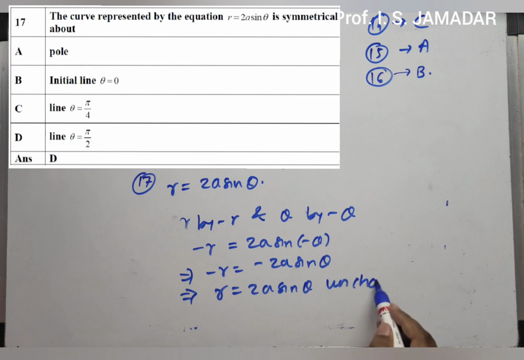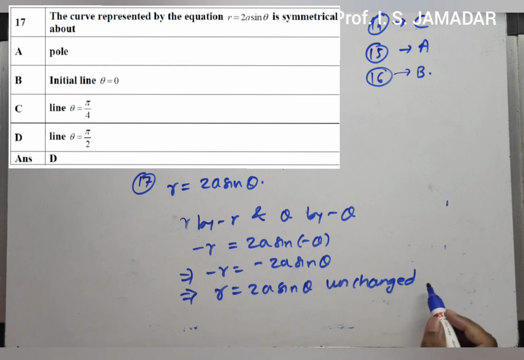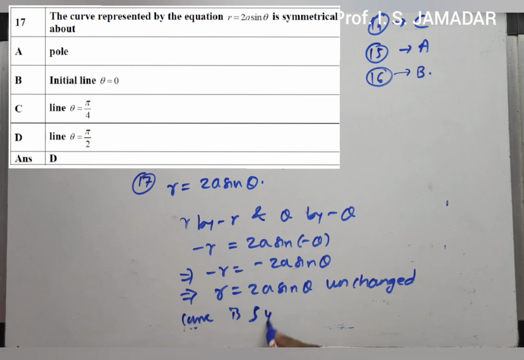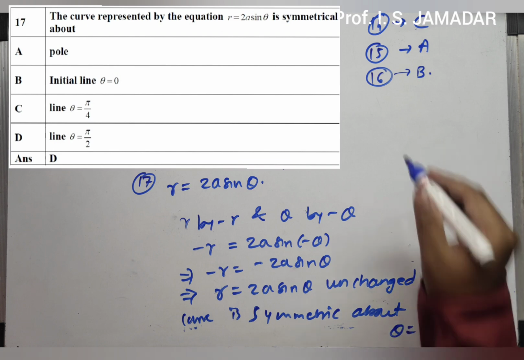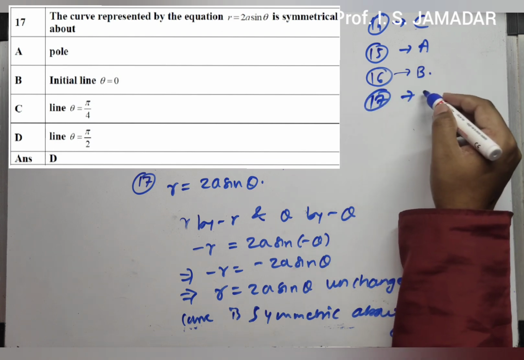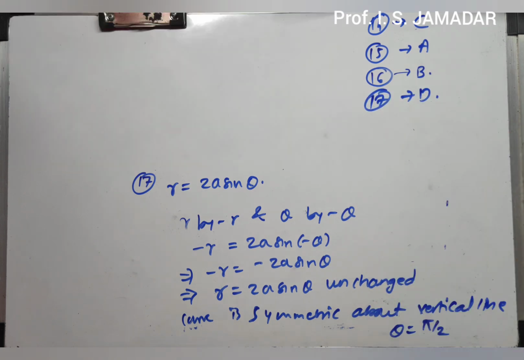The equation remains unchanged after replacement of both r by minus r and theta by minus theta simultaneously. So the curve is symmetric about the vertical line, or vertical axis you may say, and that is theta equal to pi by 2. So for 17, the answer is option D.